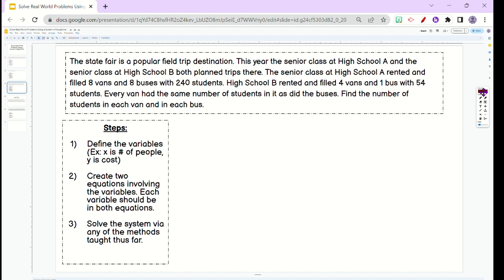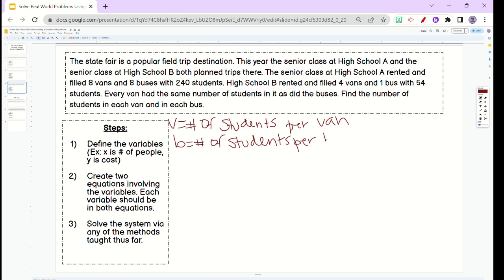Alright, so first we're going to define our variables. I'm going to call V the number of students per van, and B the number of students per bus.